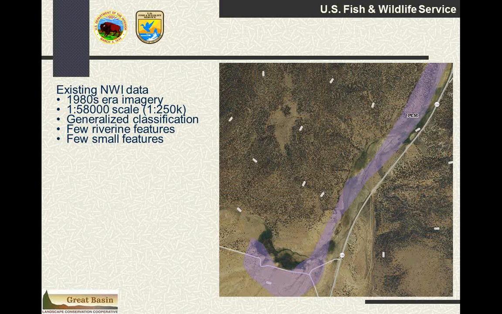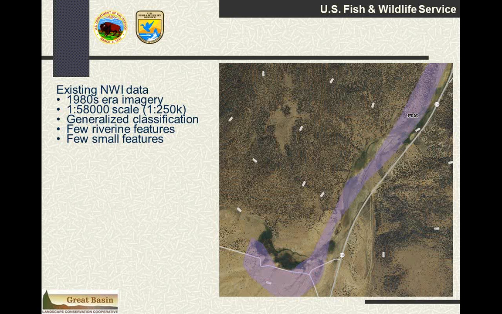It's 1 to 58,000 scale imagery, and the maps are 1 to 250K. They all have a general classification, meaning they don't have water regime or subclasses. There are a few riparian features and few smaller features represented, mostly because of the process she brought up for creating these maps out in the West.